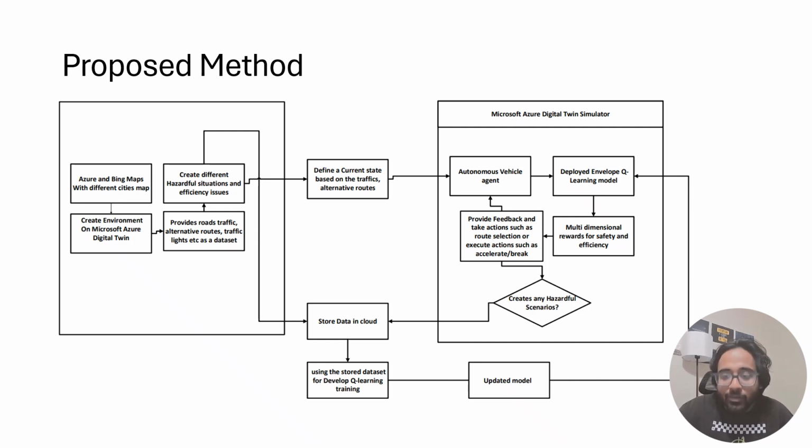and the updated model will be deployed on the Microsoft Azure Digital Twin Simulator. When the autonomous vehicle agent finds its current state, it will pass the parameters to the deployed envelope Q-learning model, and based on the model, it will get feedback and take an action.